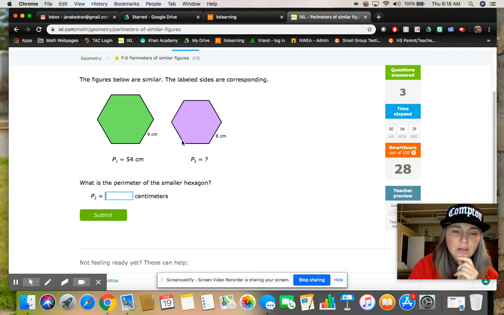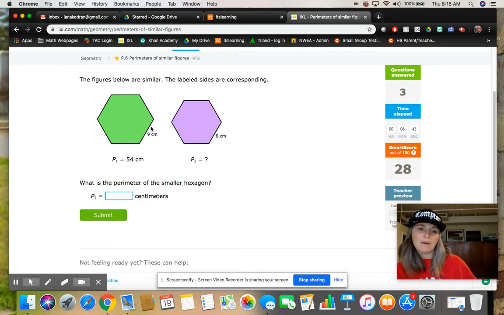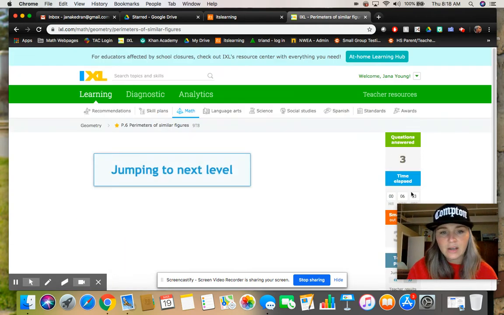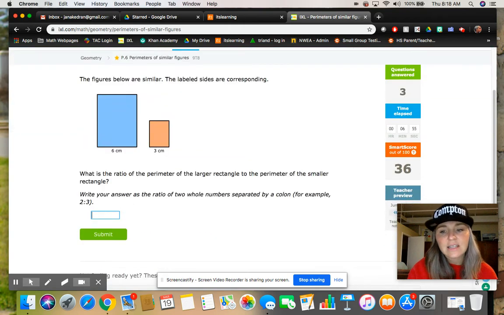This one might not be as obvious, so you might actually have to do something about this, but you can say, okay, well 9 times 6 was 54, so 8 times 6 is going to be 48, and you can go through these quick, easy, simple. And then you're going to get to where it's asking you to write the ratio.